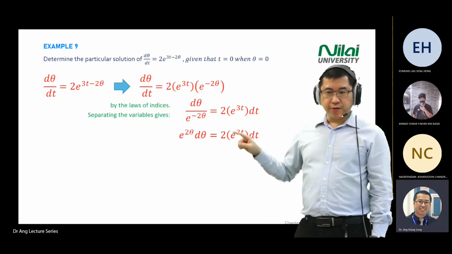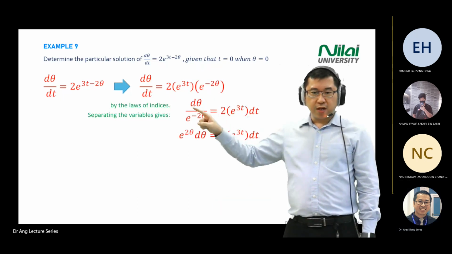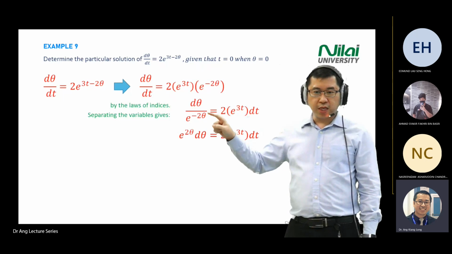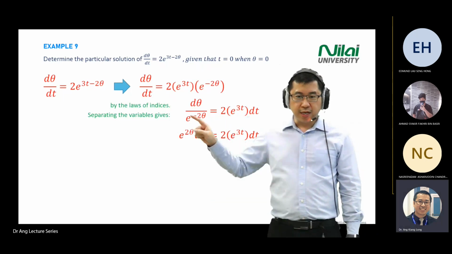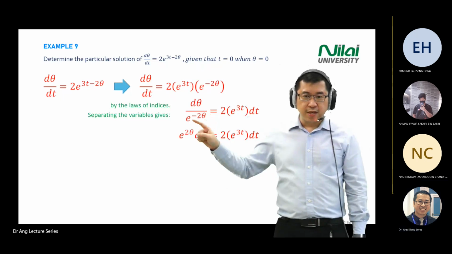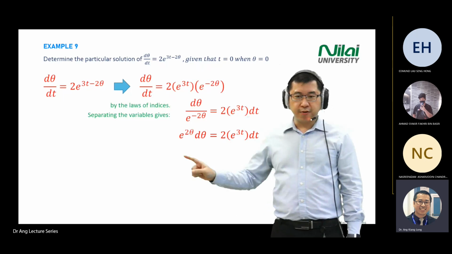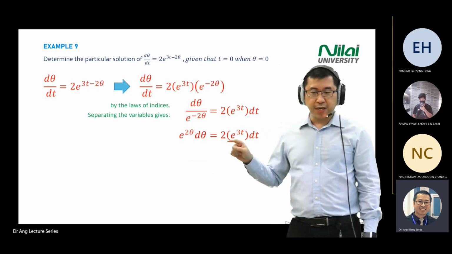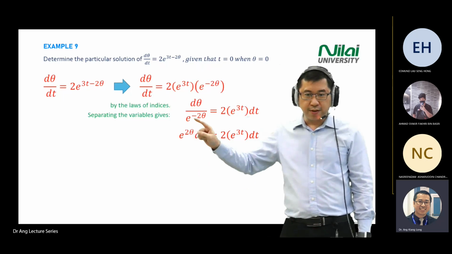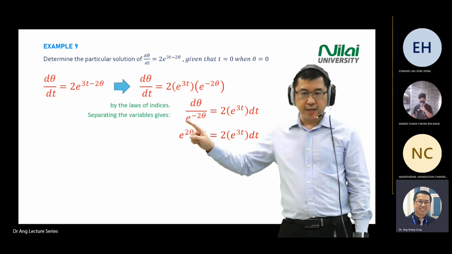After that, you rearrange the equation. 1 over e power minus 2θ. Exponential means, if you have x to the power minus 1, what does it mean? The meaning is 1 over x, right? So you remove the negative here. You convert into the form that you're familiar with.